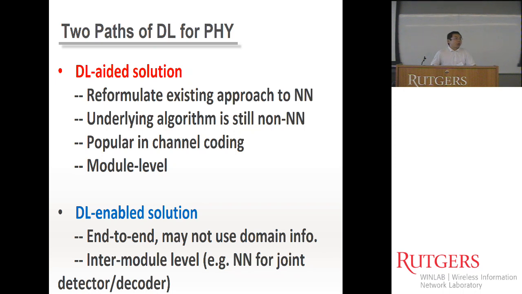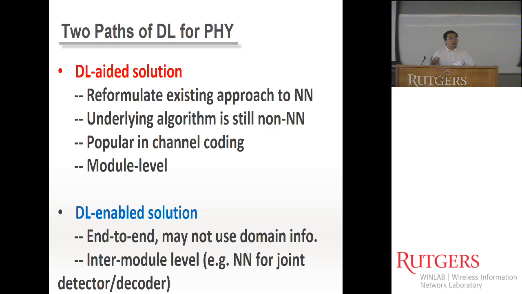we can throw away the original DSP algorithm for baseband processing for some individual modules. For example, we can design some new neural network-based codes for the channel decoder. We can also design new detectors that are also neural network-based.